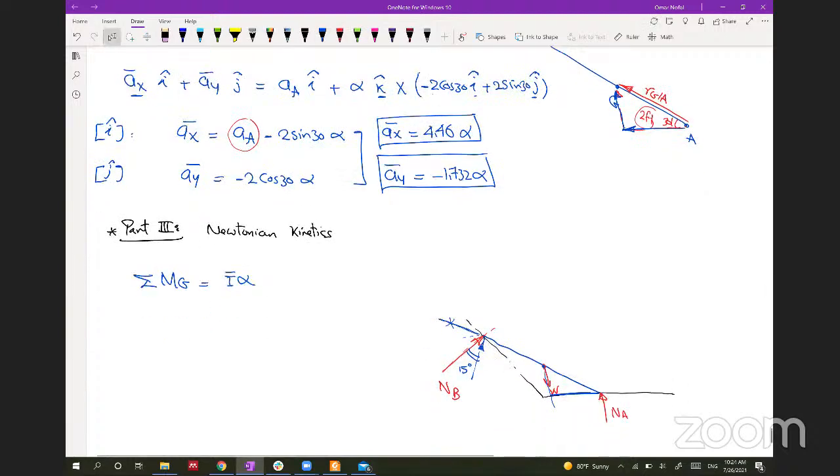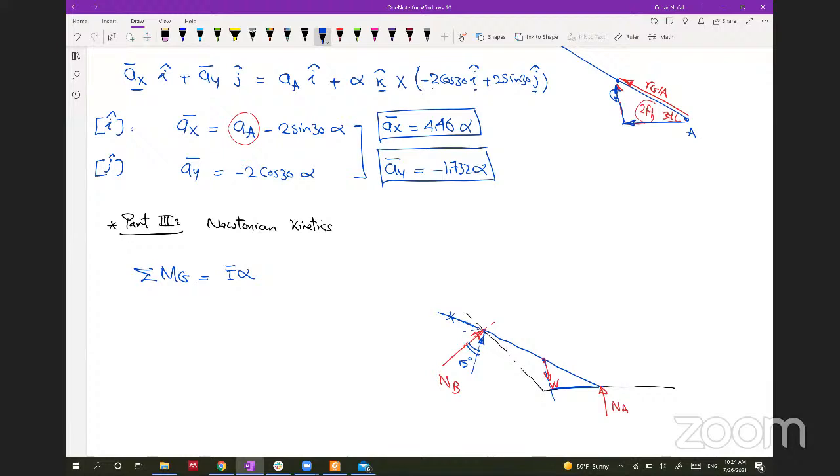So let's get the moment. This is the free body diagram, and we need to get the moment about this point. Let's start with NA. NA will multiply by, we know that this is 30 and this is 2, so this will be 2 cosine 30. I assume that the positive direction is this way, and NA is in this direction, so this will be positive multiplied by 2 cosine 30.